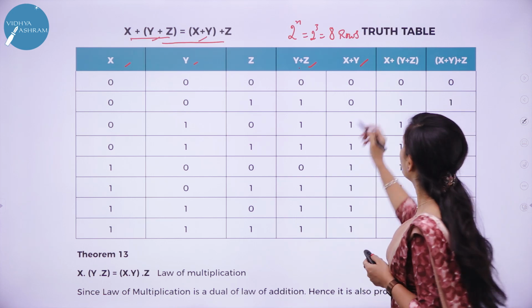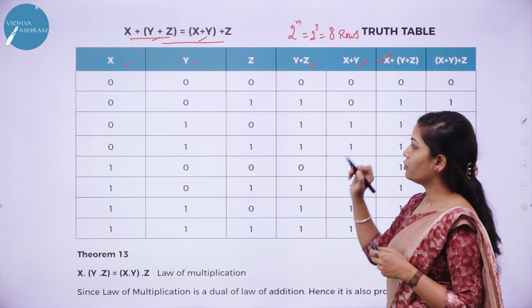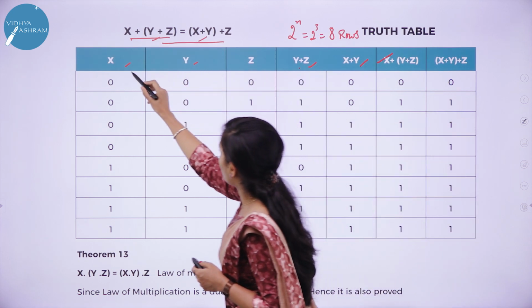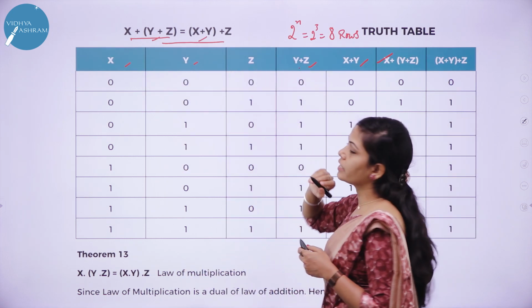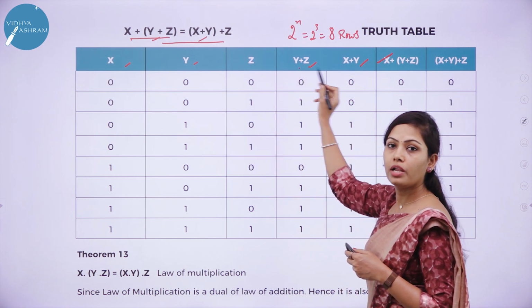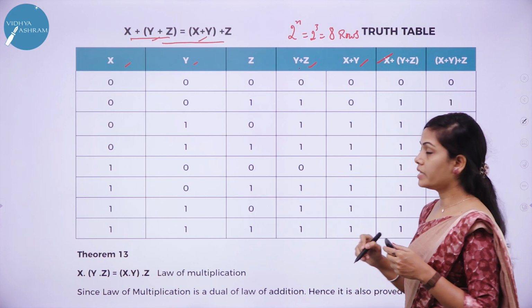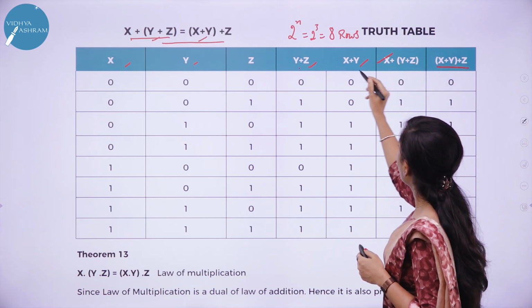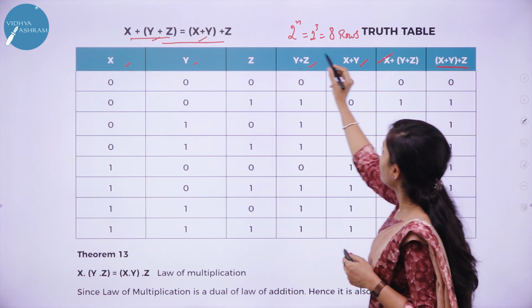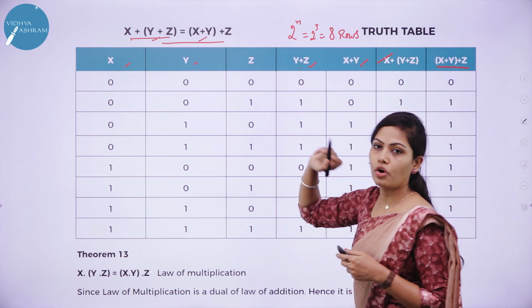And after that you can find x plus y plus z. You have to add x column and y plus z column. X column and y plus z column you should add, you will get this column. And next you have to add this x plus y and z column.